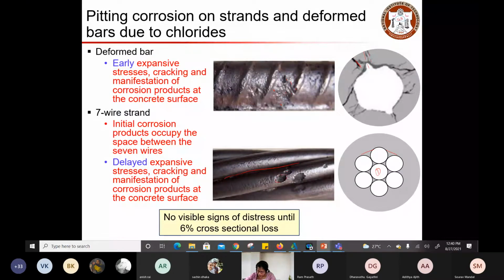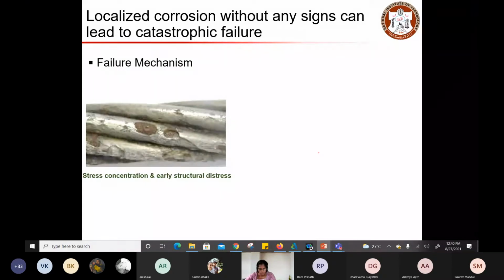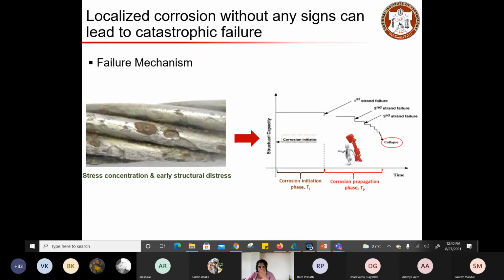So you'll have deep pits in the case of pre-stressing strands, because due to the stress concentration, you can see a lot of pit formations and early structural distress.